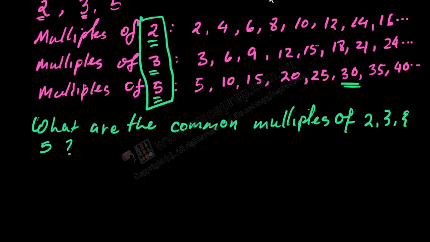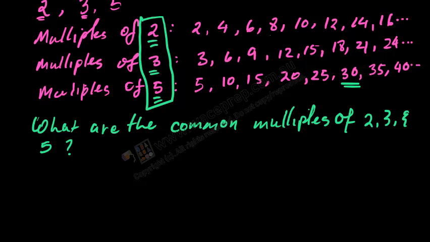Now, although you don't see it for 3, if we can write more numbers after 24, let's see if we can write it here. So what we are going to do, we are going to move some of these numbers. Okay, we seem to be having some problem moving them down, but that's okay.